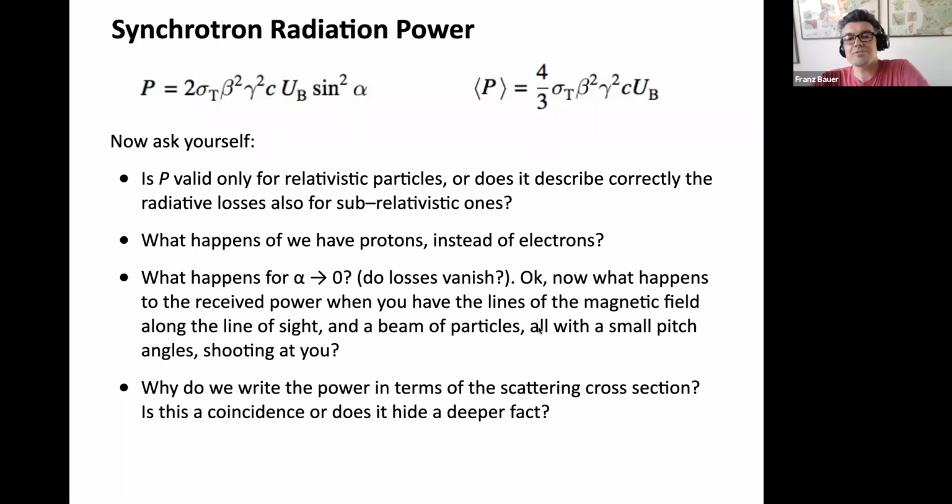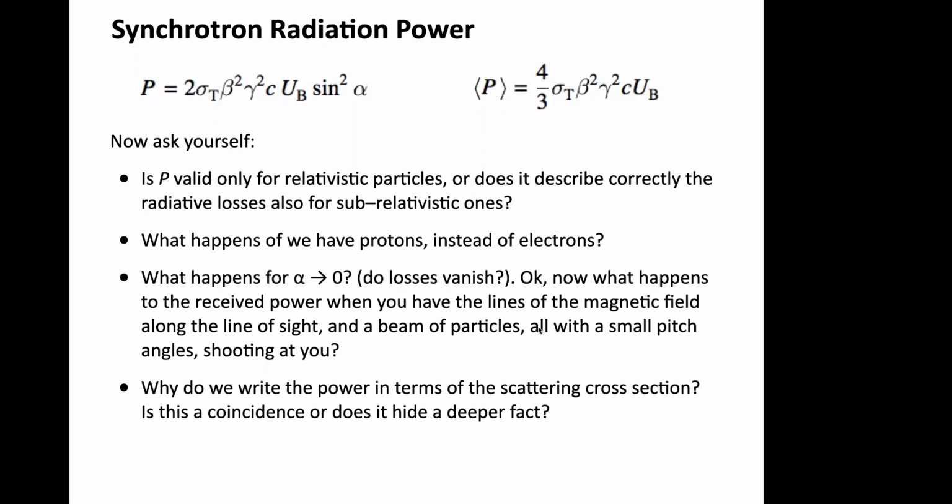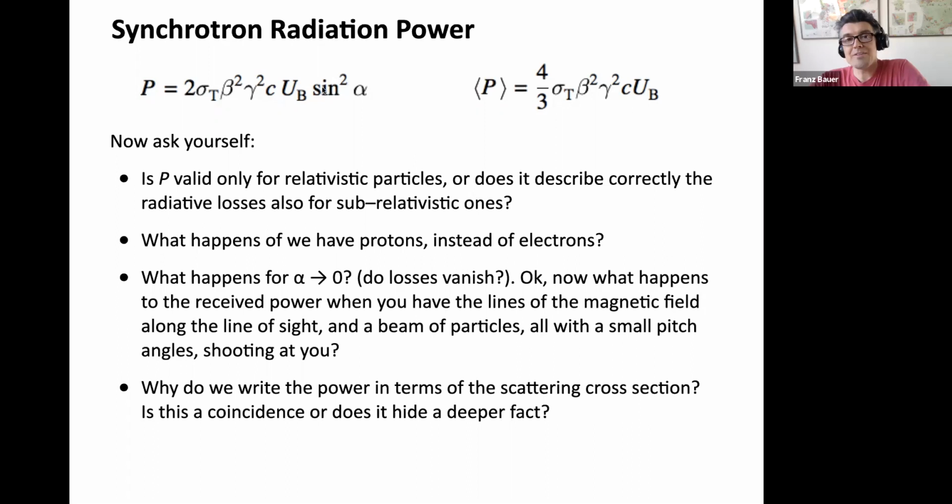So you have small pitch angles. We will have a very small value of P. It'll be very small, but you can also approximate this. You can use a small value approximation. You can Taylor expand this. And so you can estimate this is, I think, going to be proportional to alpha squared, if I'm not mistaken. Right, so sine alpha goes to alpha. And so the power will be proportional to the angle at which this comes out.